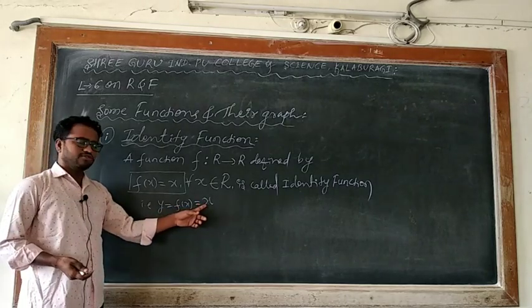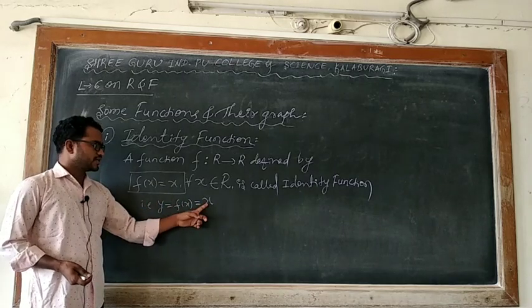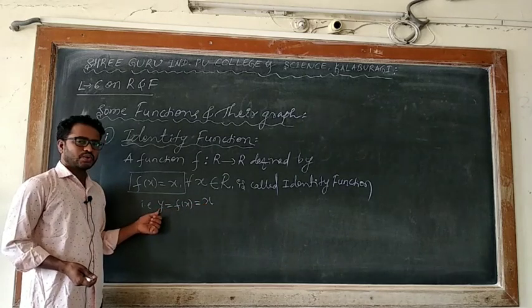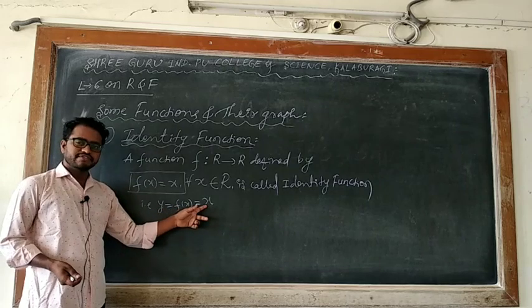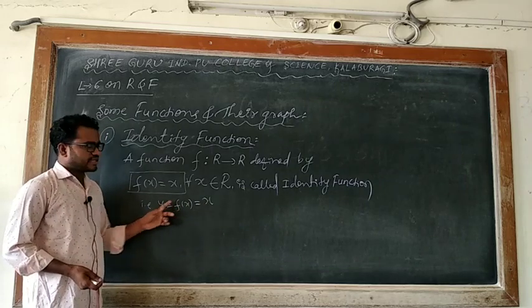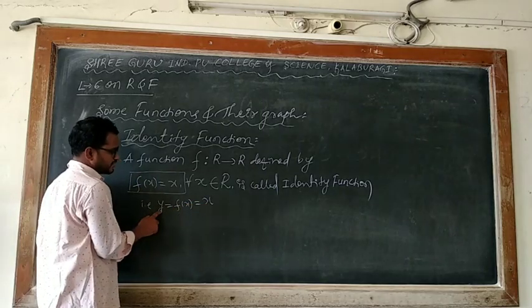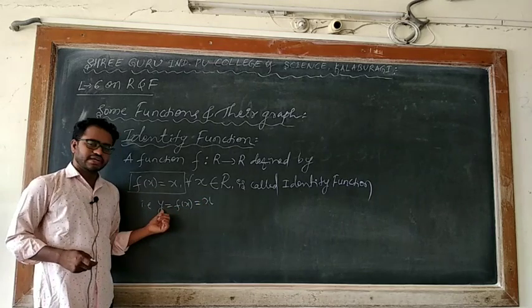You take any value of x, you will get the same value of y. x is 1, y is 1; x is 0, y is 0; x is 2, y is 2; x is 1.5, y is 1.5; x is 3, whatever you take, because f of x is equal to x.